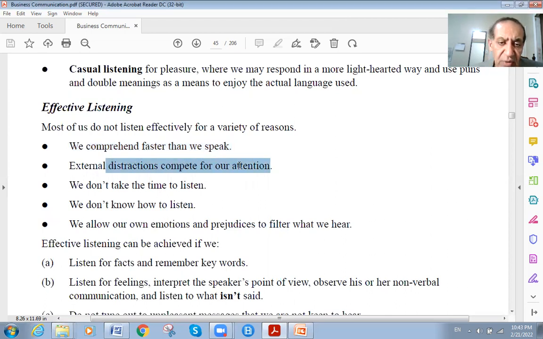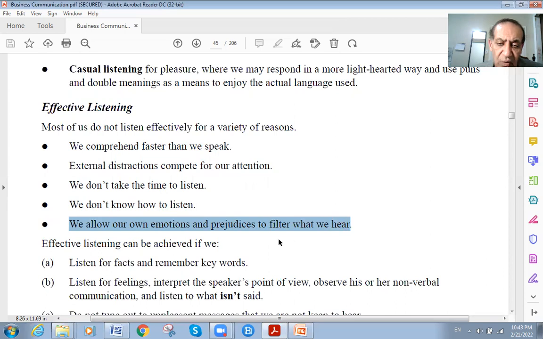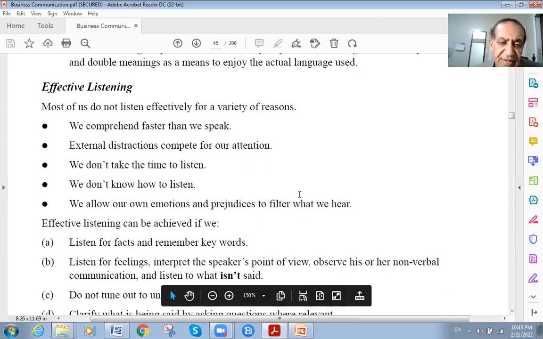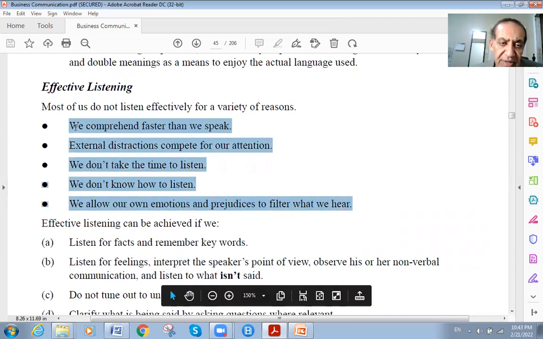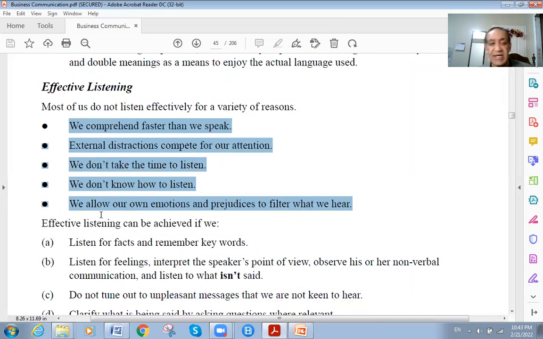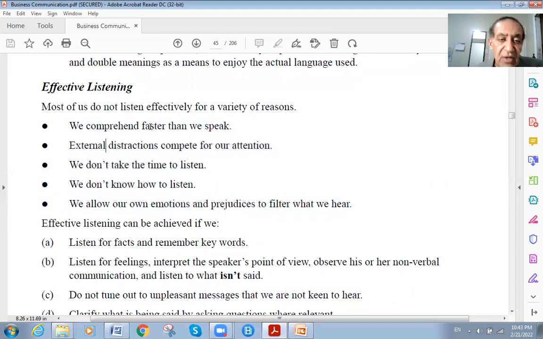External distractions compete for our attention. We don't take the time to listen. We don't know how to listen. We allow our emotions and prejudice to filter what we hear. Again, comprehend faster than speaking. So understand, then speak.